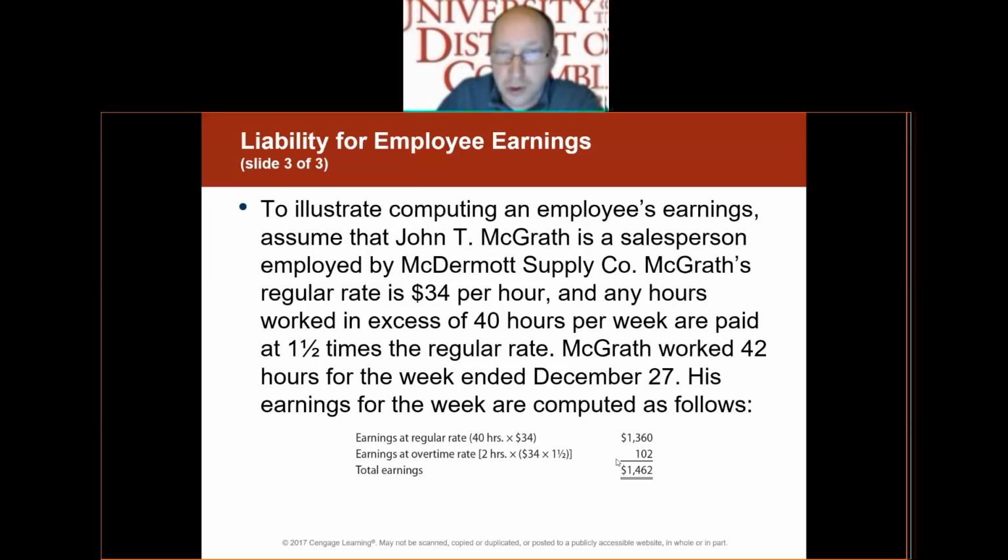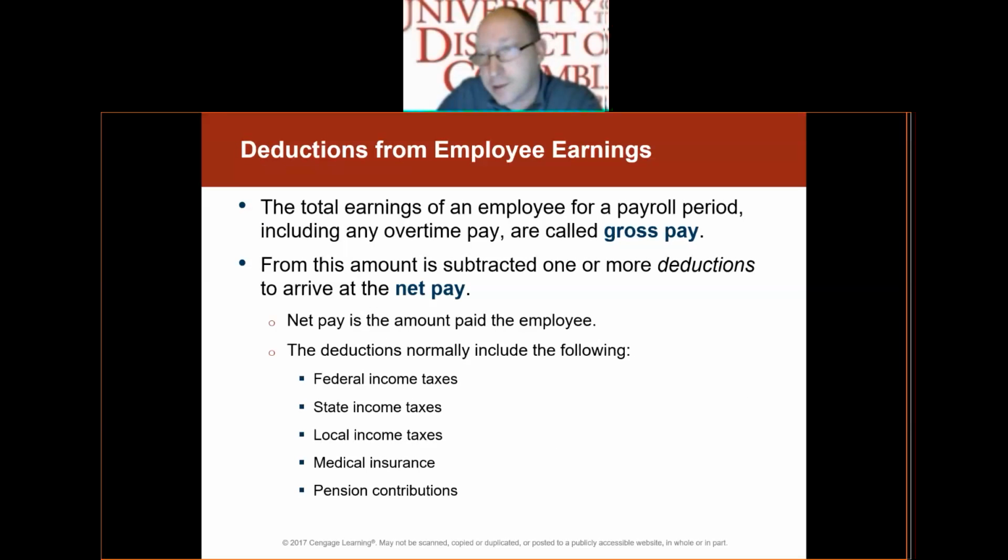So our employee here, John, has earned a total of $1,462 for the week for his 42 hours worked. You take your regular rate plus your overtime rate equals the total earnings for that week. Isn't that nice?